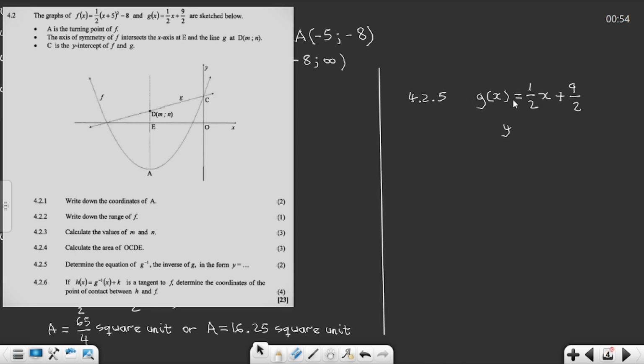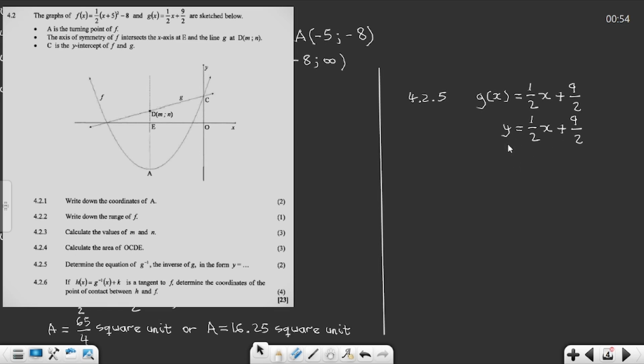So this is the same as y. And this is equal to 1 over 2x plus 9 over 2. Okay, so you remove g of x, you put y. You know that g of x is the same as y. Okay, now to find the inverse of g of x, you'll swap the x and the y. So where you have x, you put y.